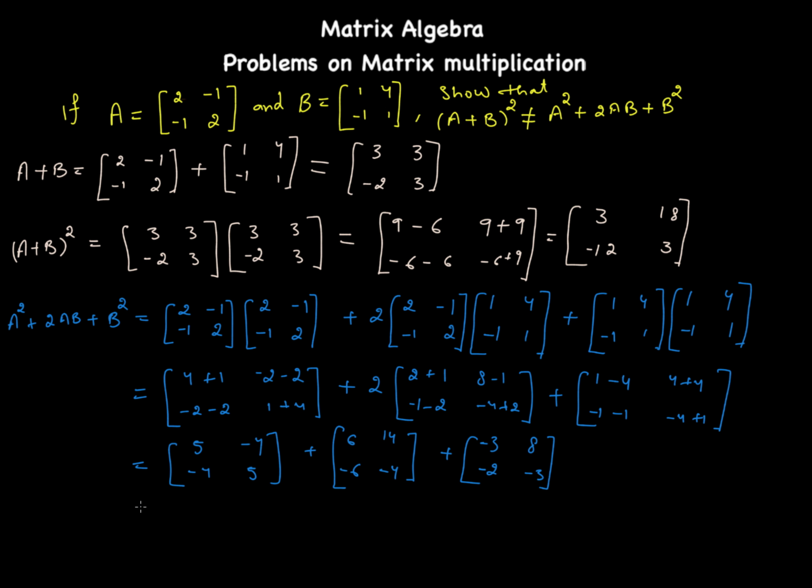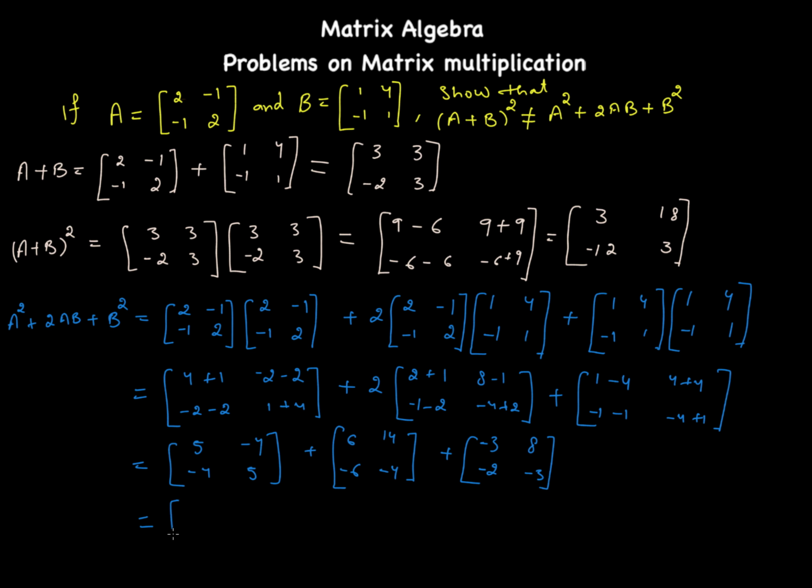Now we're going to add all these numbers together. The rule is, again, you can add matrices if they have the same order. Yes, they all have the same order, so we're going to add their corresponding elements to each other.